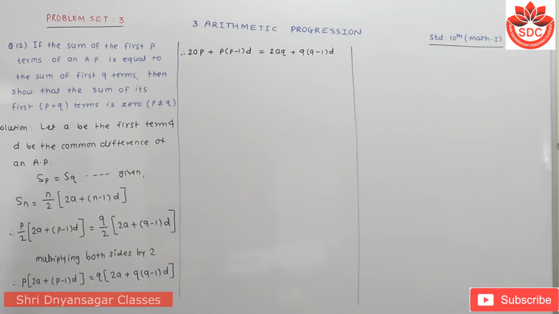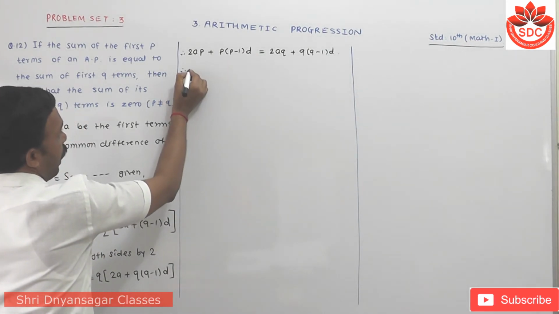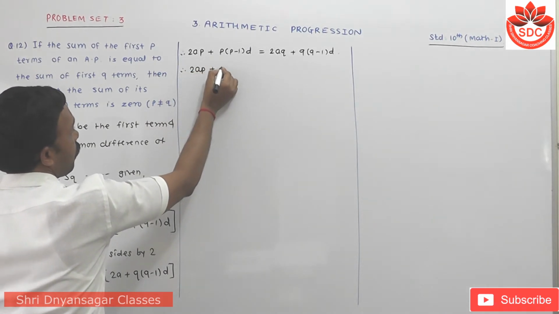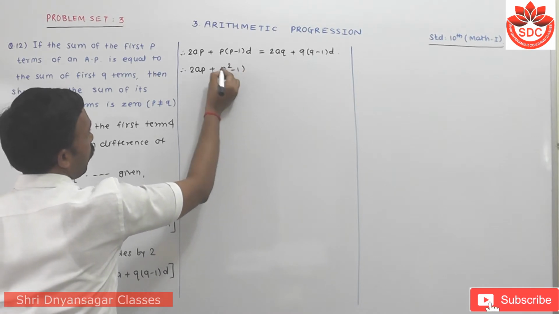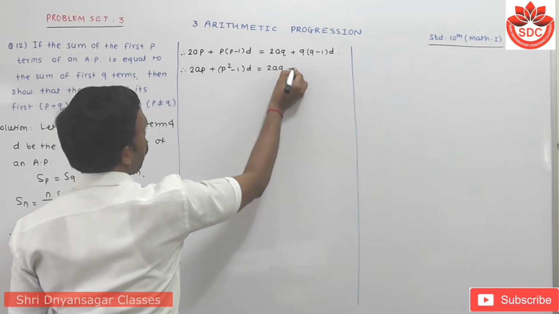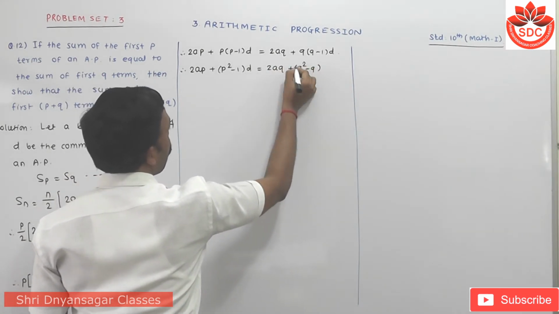Now when we multiply p and q to this bracket, we write twice ap plus p square minus p into d is equal to twice aq plus q square minus q into d.